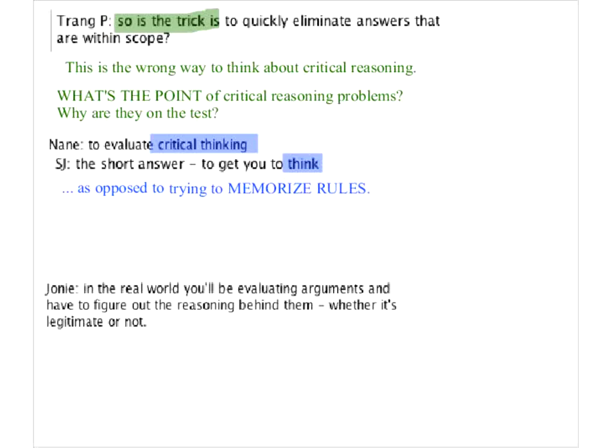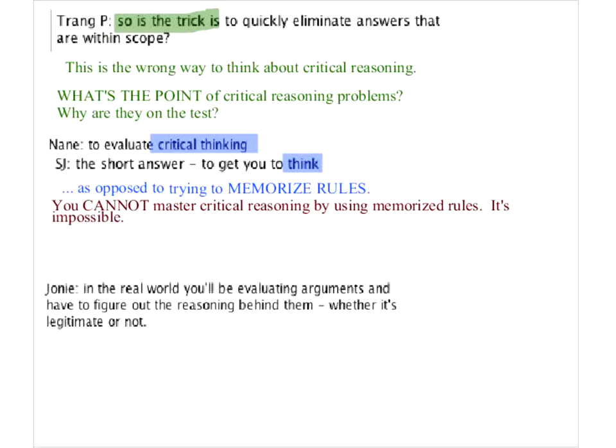So this is exactly right, and the realization you have to make, and we've said this in previous sessions, but it's worth saying in every single session where we talk about critical reasoning, is that you cannot master critical reasoning by using memorized rules. It's impossible. It's not just really hard, it's actually not possible. In fact, there's a name for trying to take human reasoning and reduce it to a set of rules.